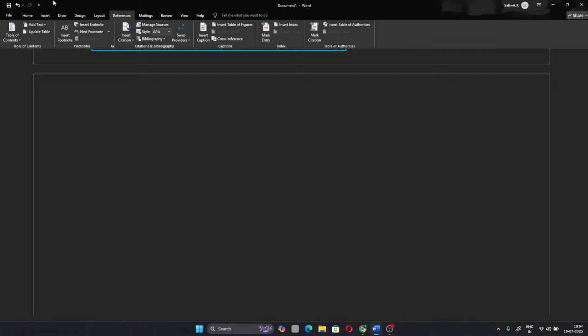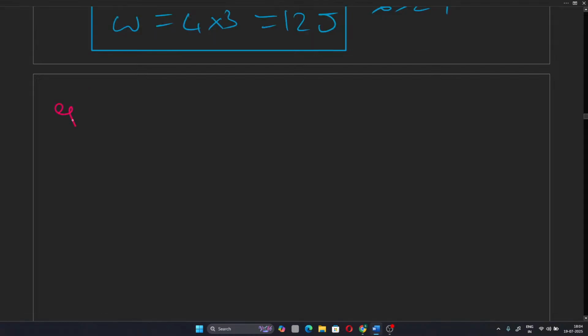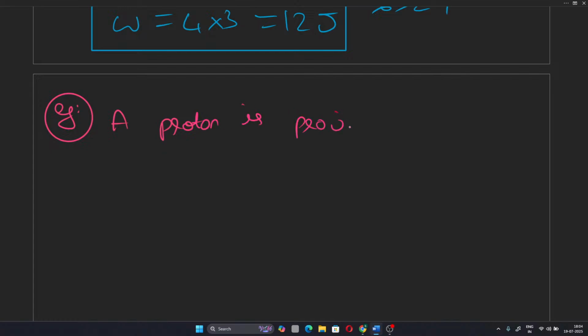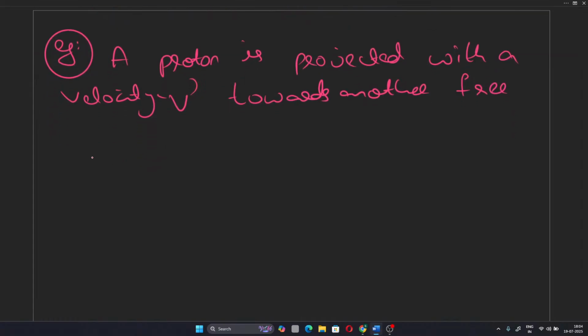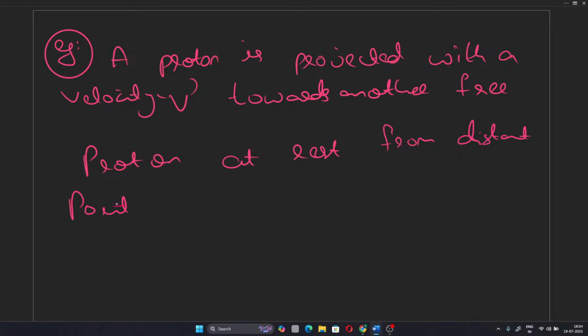Now the question is, a proton is projected with a velocity v towards another free proton at rest from a distant point, from infinity.